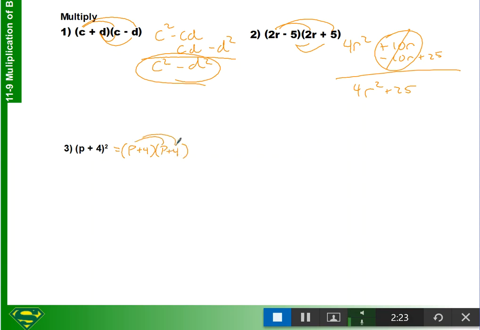So when you multiply it out, you get p squared plus 4p plus 4p is 8p plus my 16. So notice how in a square binomial situation, the linear term does not cancel out. This problem is included here to show the difference between a difference of squares and a square binomial.